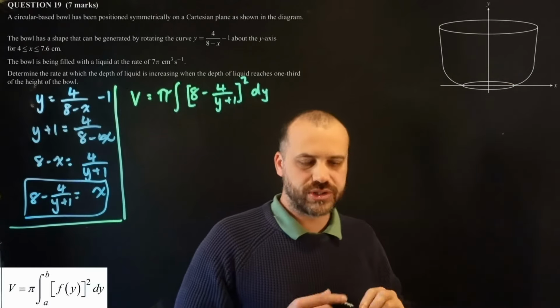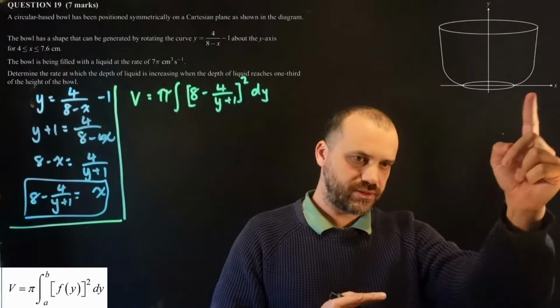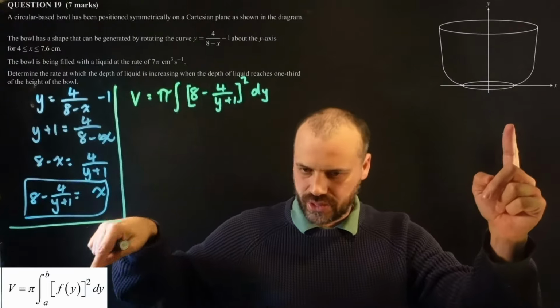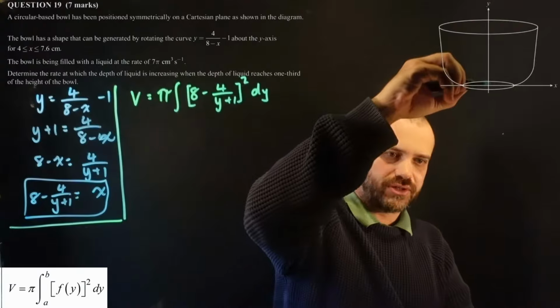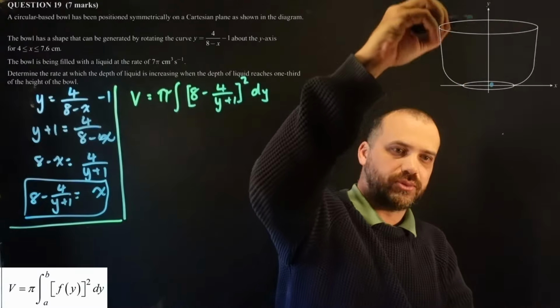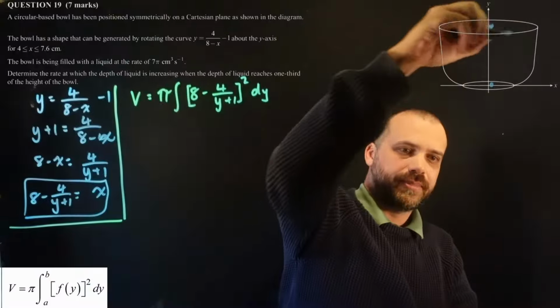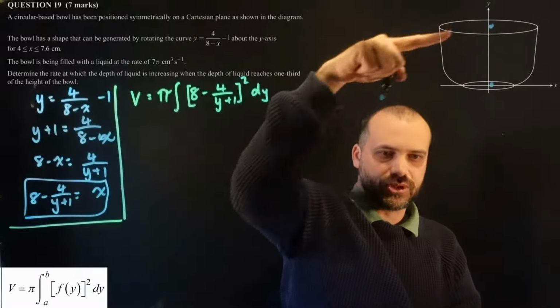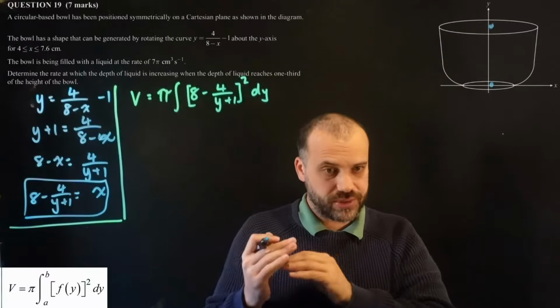But when we're rotating around the y-axis, we're not interested in the x-coordinates. That's not what a and b are referring to in our formula. a and b are referring to the y-coordinates here and the y-coordinate like here, right? If that's level with the top. Okay, so those two values there are what a and b represent.